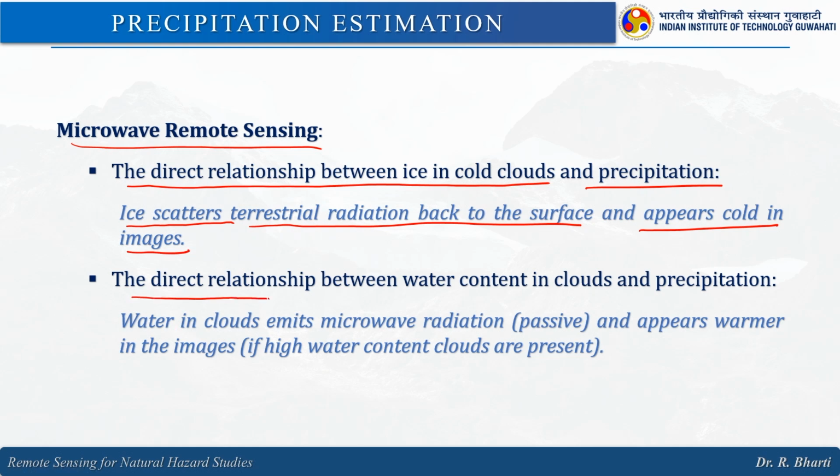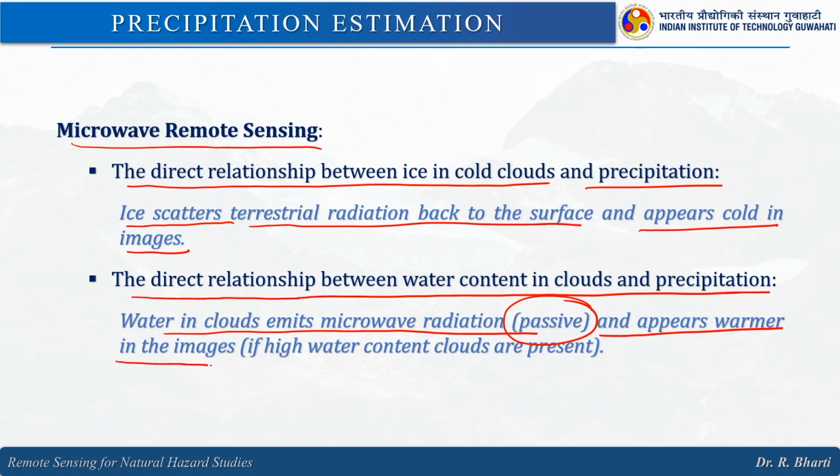There is also a direct relationship between water content in cloud and precipitation using microwave remote sensing. Water in clouds emits microwave radiation, and we are referring to passive microwave, and it appears warmer in the image if high water content clouds are present. So, this is how we correlate and try to estimate the precipitation using the microwave data set.